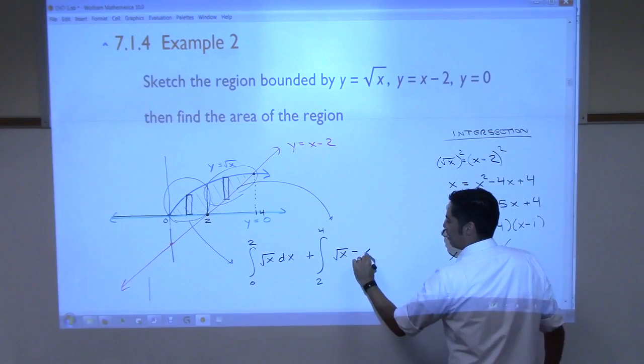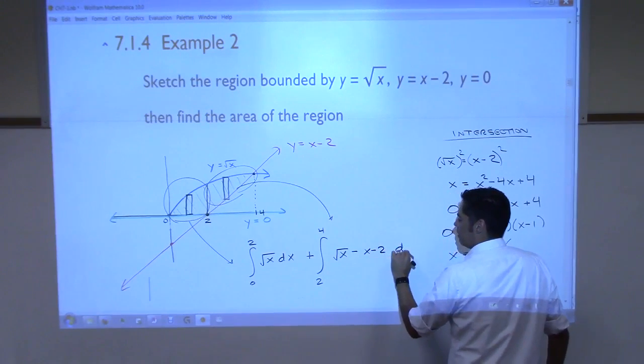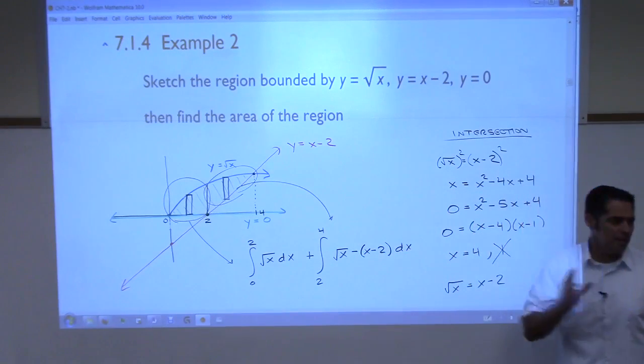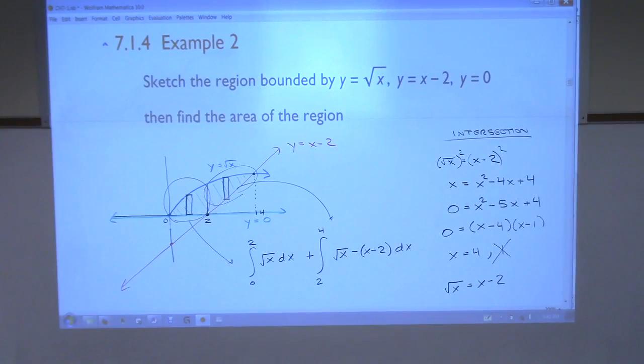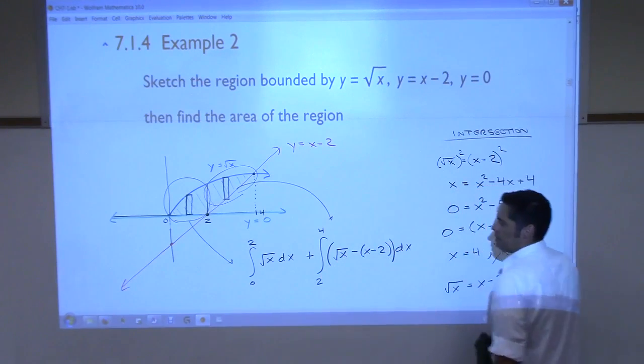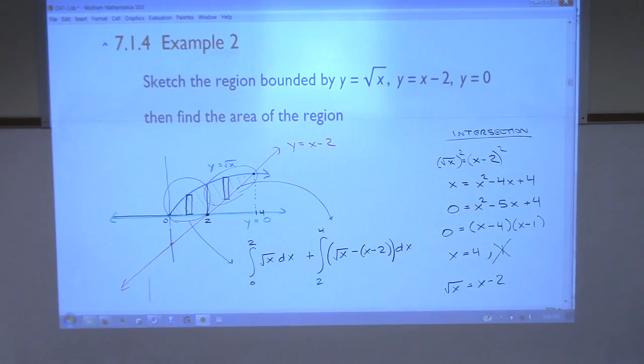So how should I write this? x minus 2? In parentheses, good. If you're going to subtract two terms, you've got to subtract each one, so make sure you put that x minus 2 in parentheses. And I'll go even better. I'm going to put all of that in parentheses like that. Questions? Whatever that is, the area, right?